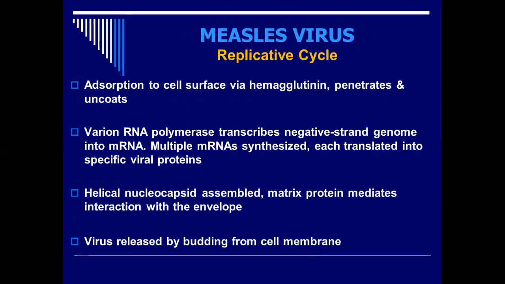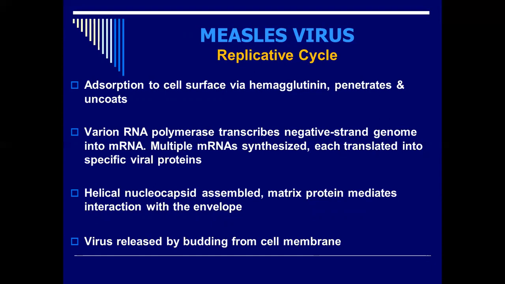virus in the body, the virus is brought to the cell surface via the hemagglutinin receptors. It then penetrates and uncoats. After attachment, penetration, and uncoating of the virus, the viral RNA polymerase transcribes the negative strand genomic RNA into multiple copies of mRNA.